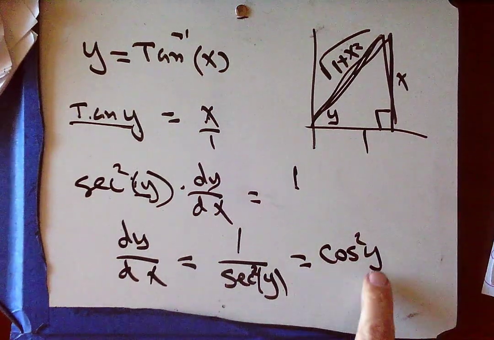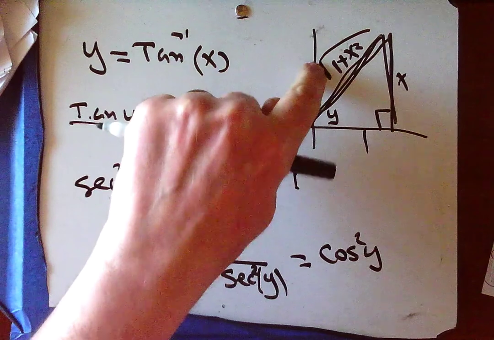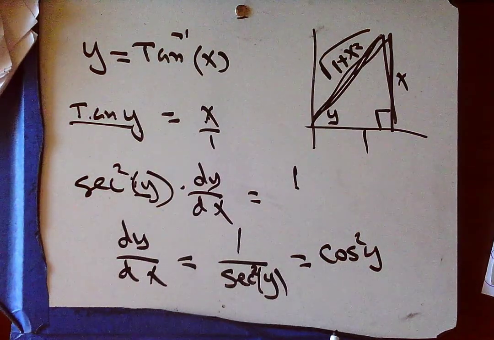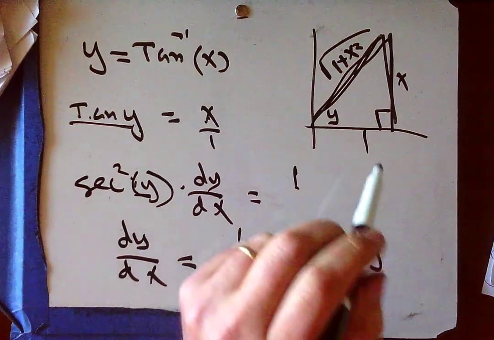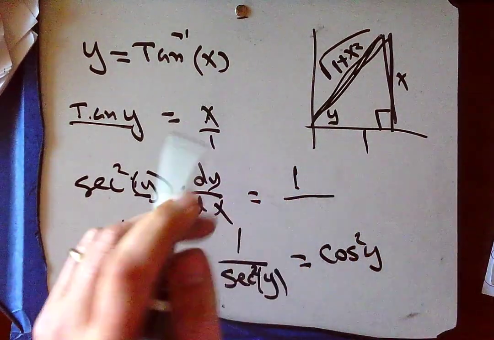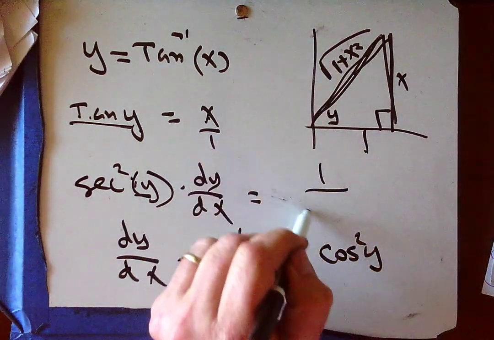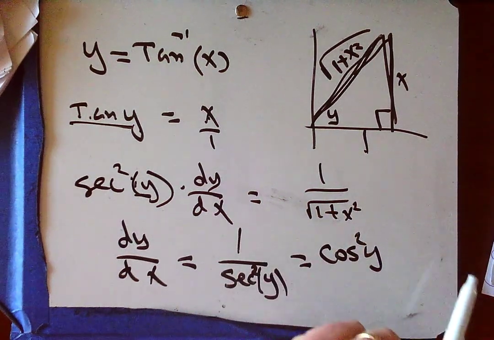What's the cosine of y? Well, cosine is adjacent over hypotenuse. I feel like something's terribly wrong here. But let's keep going. So that's going to be 1 over the square root of 1 plus x squared. Okay?